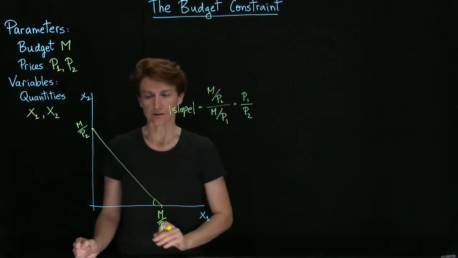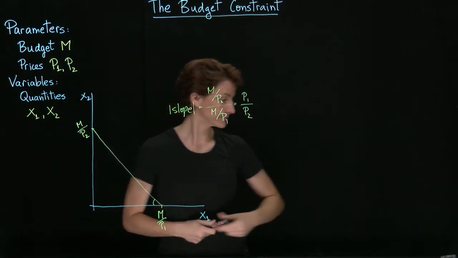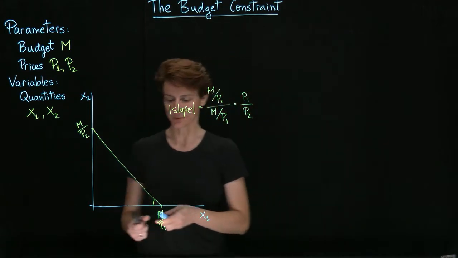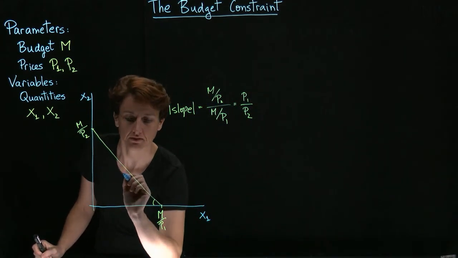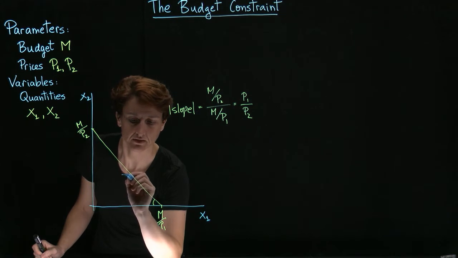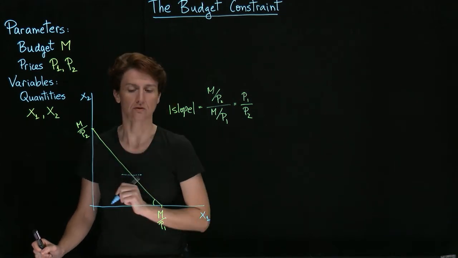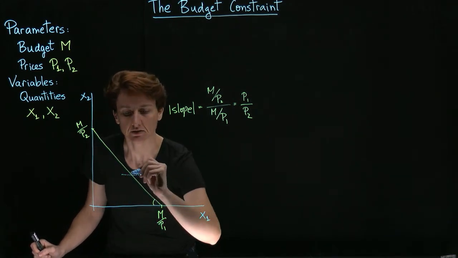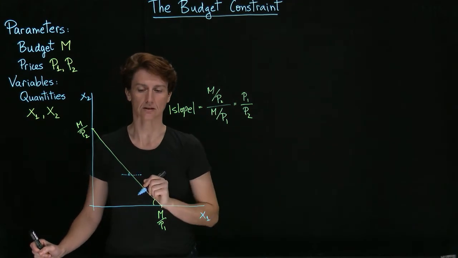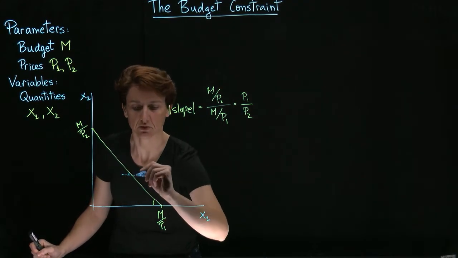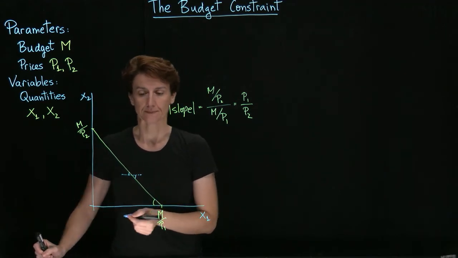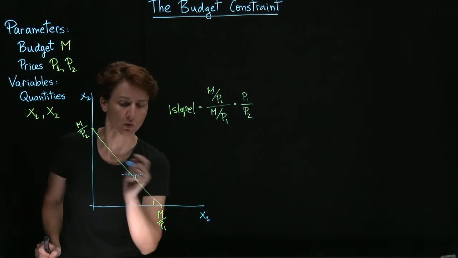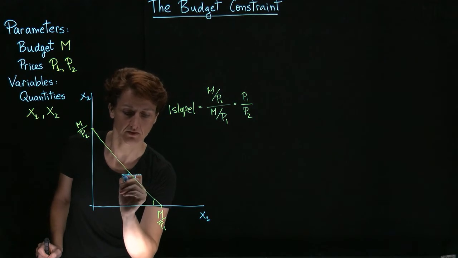So the slope of the budget constraint equals the ratio of prices. There's an intuitive way of looking at this as well. For example, if you pick some point on the budget constraint and draw a horizontal line, then the slope of the budget constraint can be seen here as well as here. And here's one way to derive it. Imagine that you purchase one less unit of good 1.